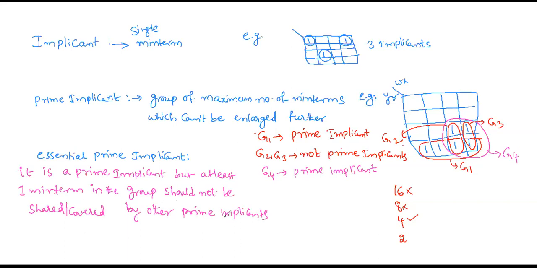If you have at least one minterm in the group that is not covered by other groups, then it is an essential prime implicant.